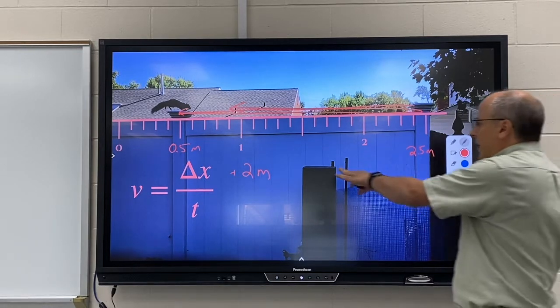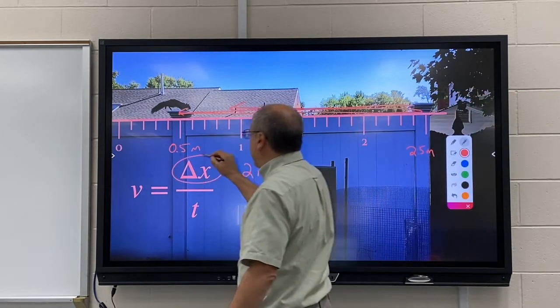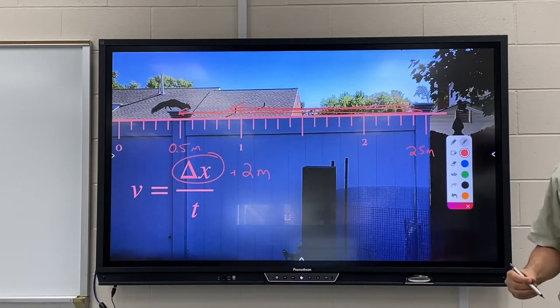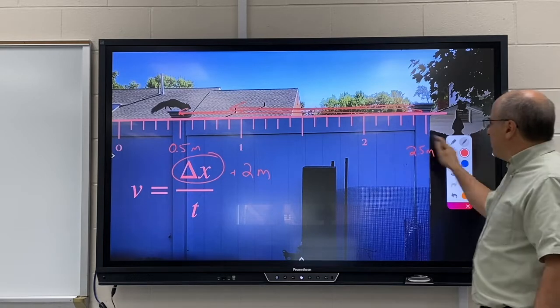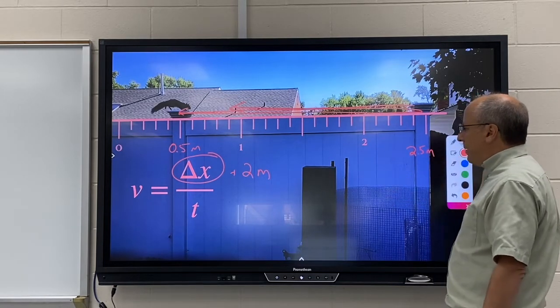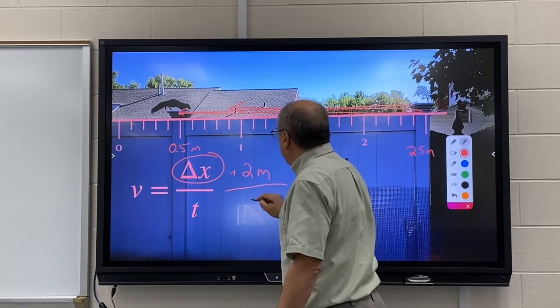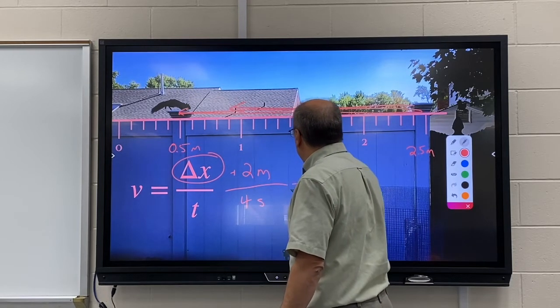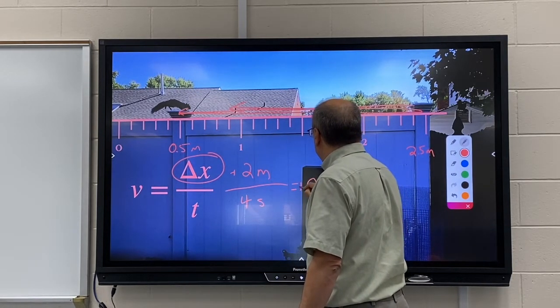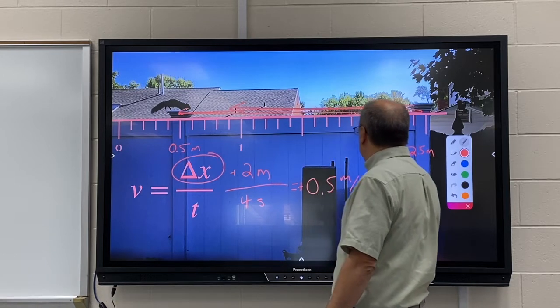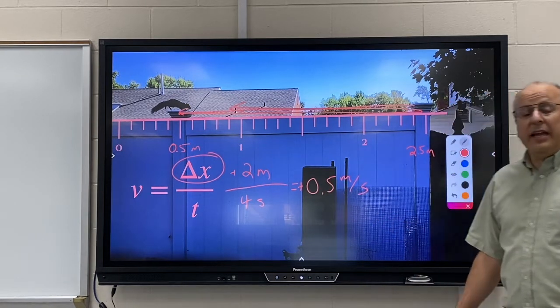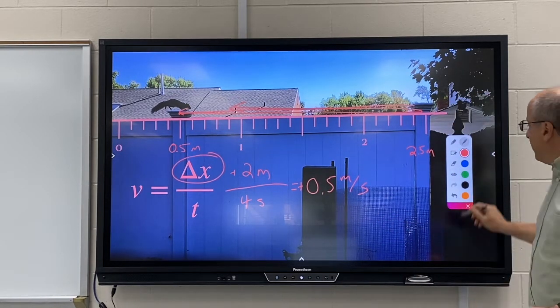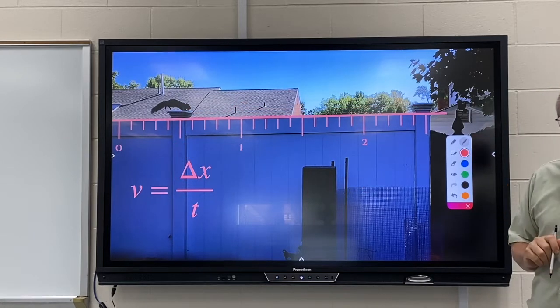Okay, so delta x again is not distance, it's the change from where you start to where you end. In this case, it's positive because the numbers are going up. Again, you would divide by the amount of time it took, and we get our squirrel going half a meter per second. Okay, so it's a lot like speed, but now it also indicates a direction of travel, which in some cases is very useful.